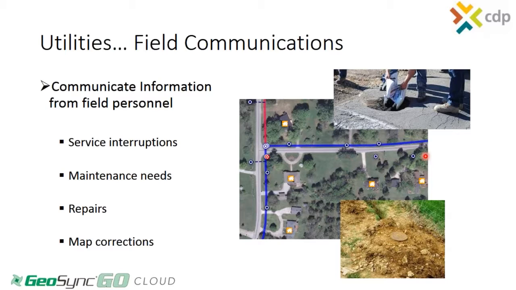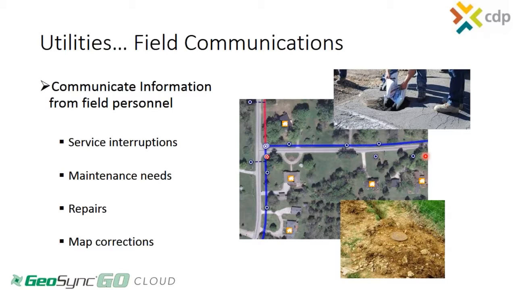We're concerned primarily about service interruptions, if there are potential leaks and things like that. If there are maintenance needs, we have a hydrant that needs to be painted, or a surface that needs to be redone where we've done some work on a valve or a line.